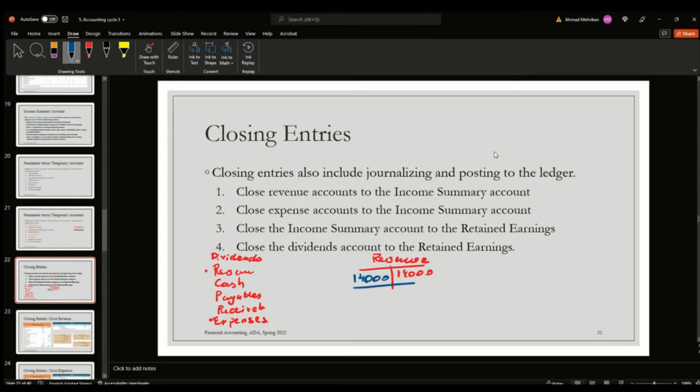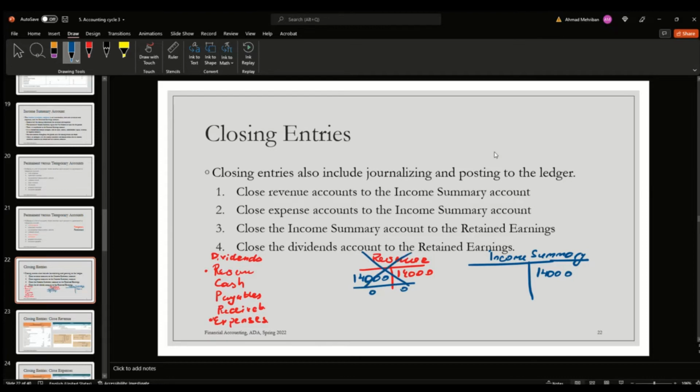Now it's 0, but where do we put it on the credit side? The credit side will be the account called income summary. Because we entered revenue on the debit side, now the opposing entry will be on the credit side, 14,000. That's it. We have closed our revenue.